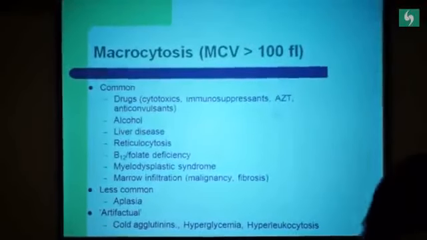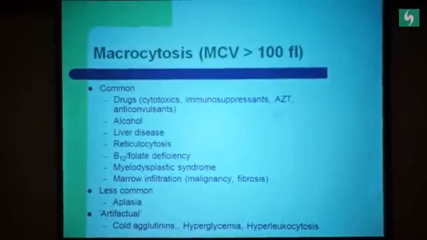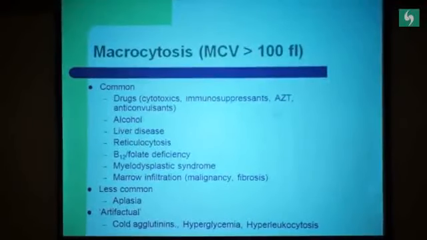So you can actually see a CBC and a macrocytosis and know if somebody is having a lot of alcohol. Then reticulocytosis: whenever you have a high retic count, because reticulocytes are larger in size, the MCV may come high because there are a lot of reticulocytes in the peripheral blood smear.